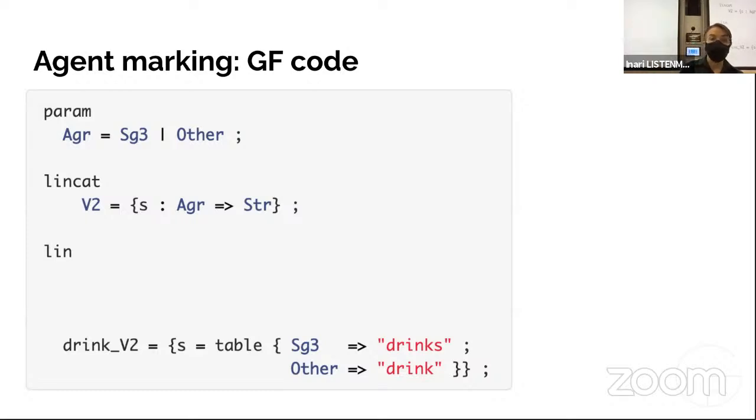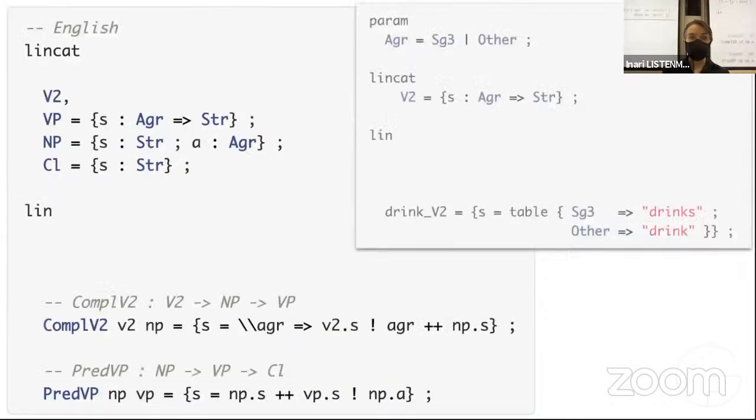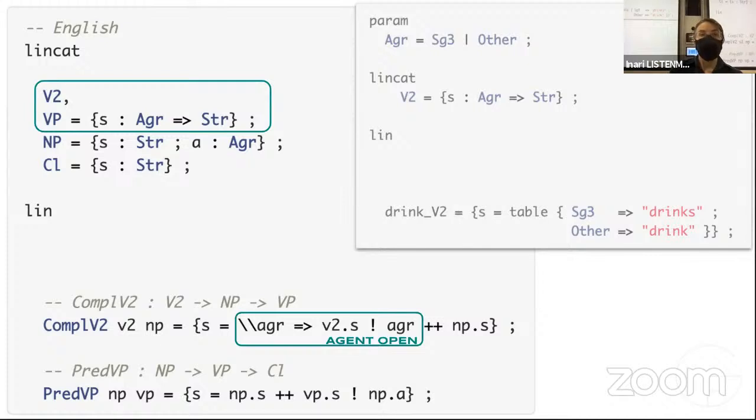We have some param for agreement, and then for the lexicon, it has an inflection table where this agreement is on the left-hand side. And then in the syntactic functions, we have the agent is open in both the lexical verb and the verb phrase.